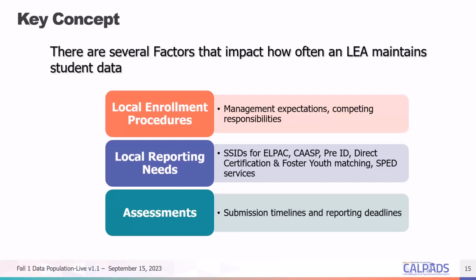The third factor impacting frequency of CalPADS record maintenance is assessments in the TOMS system. Although these three umbrellas will impact frequency of record maintenance in CalPADS, CalPADS data should be submitted, posted, reviewed, and certified with awareness or mindfulness of the CalPADS reporting deadlines, milestones, and the submission timeline.